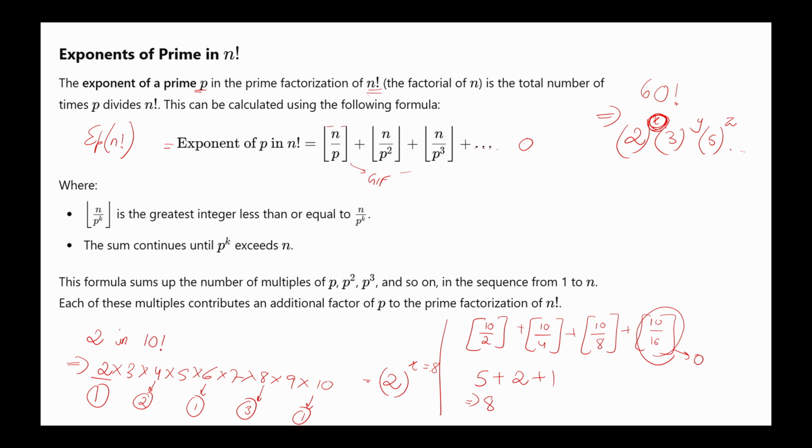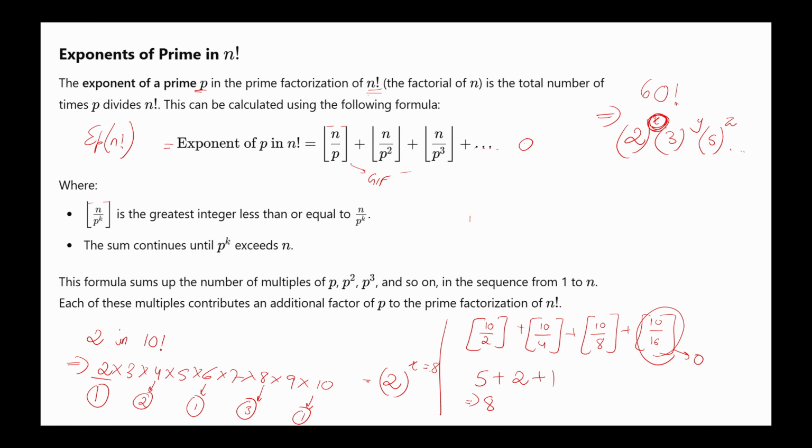Now for exponents, if they tell you to find the exponents of all prime numbers in this factorial, you have to identify the prime numbers that can come in that factorial and find their exponents. Apart from that, these things have been mentioned here: greatest integer less than or equal to n by p to the power k. The sum continues until p to the power k exceeds n.